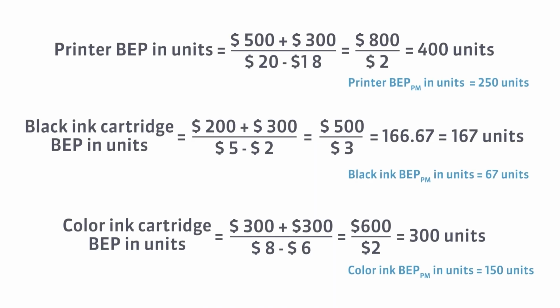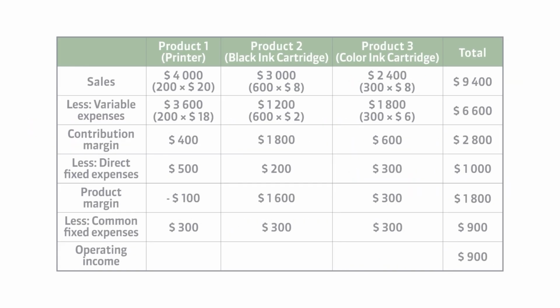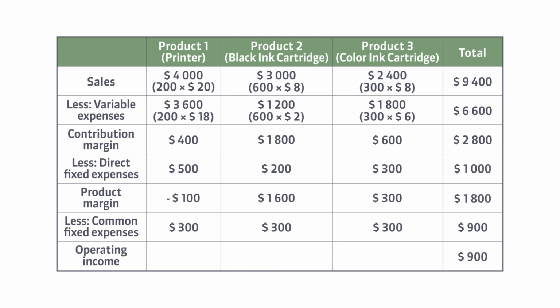Have you noticed it too? Our break-even point has moved to the right, which means we have to sell more units to achieve it. Now let's calculate the operating income on each product. It turns out that the company has an operating income only because it sells black ink cartridges.